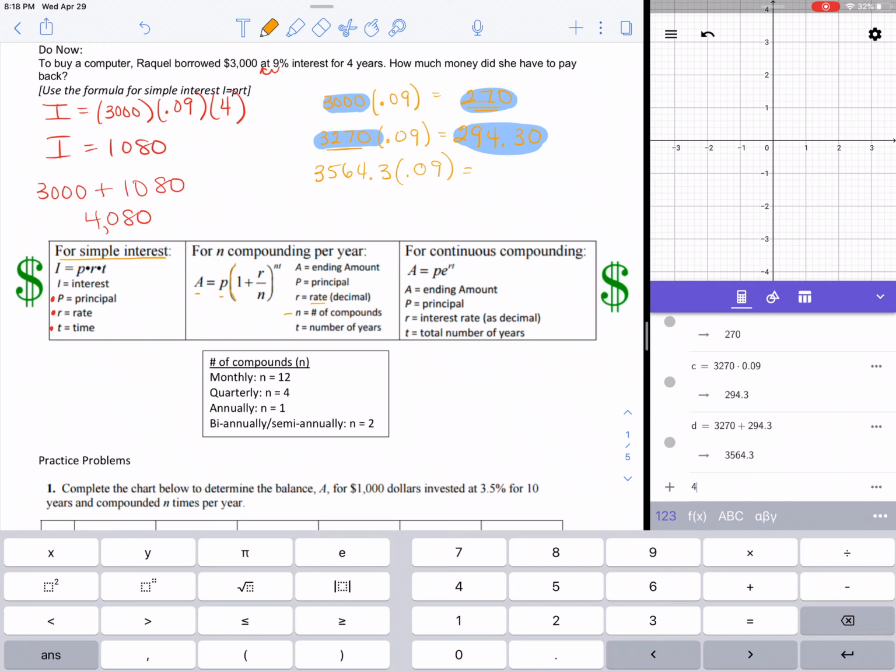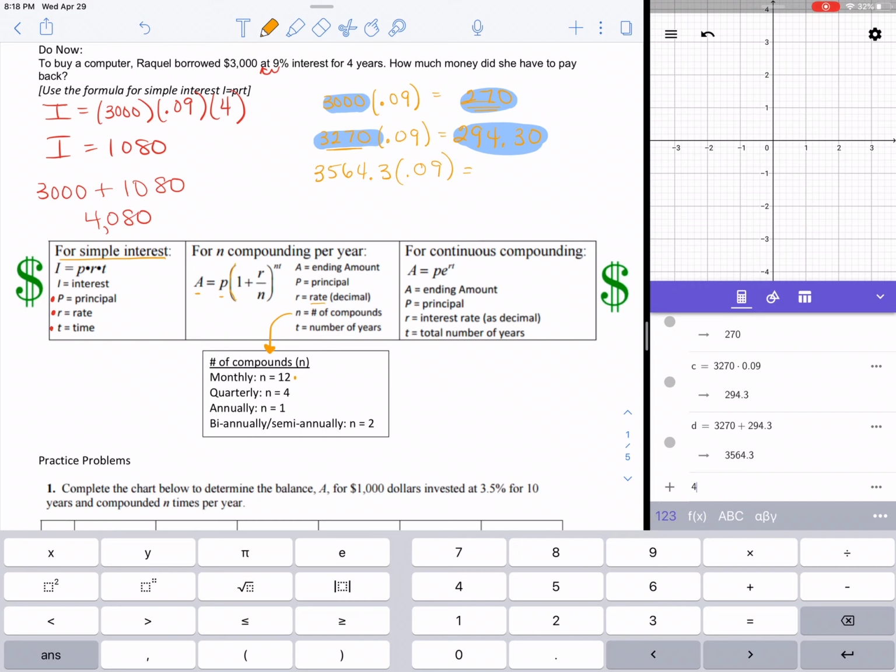That's what this box here talks about more. The number of compounds in a year. So if it says that the interest is compounded monthly, then that means each month the interest gets added on, and you would do it 12 times a year.